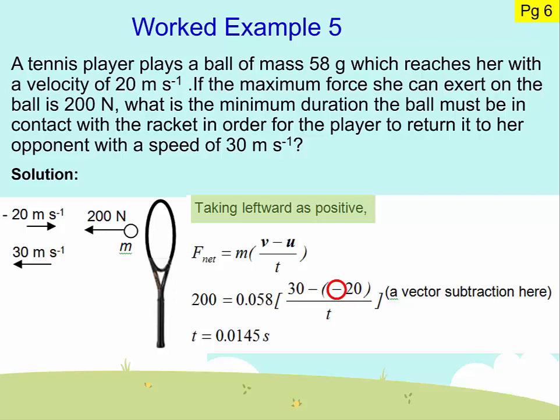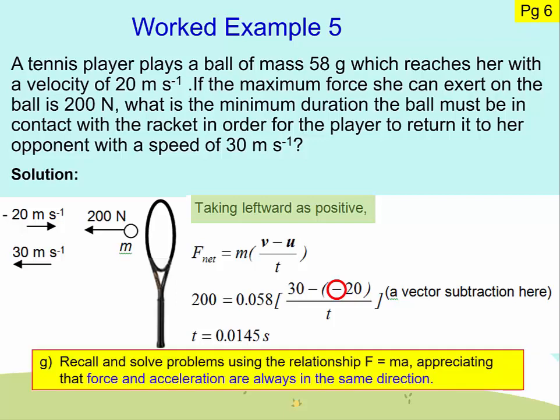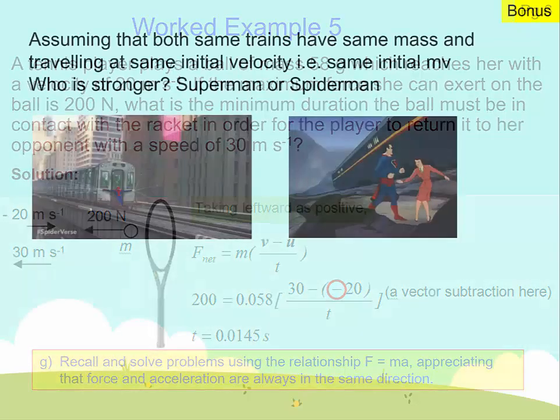So you can find the time from here. This is learning outcome G. You need to remember the relationship F equals ma or F equals d(mv)/dt and solve the problems.